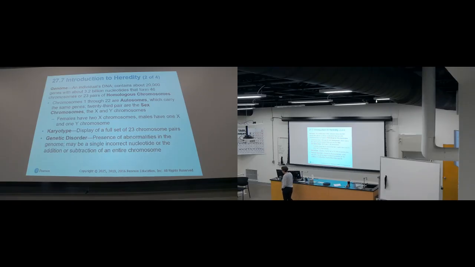Now, out of the 23 pairs of chromosomes, the first 22 are called autosomes, because independently of gender, each of us has these genes that code for similar information within these 22 pairs.